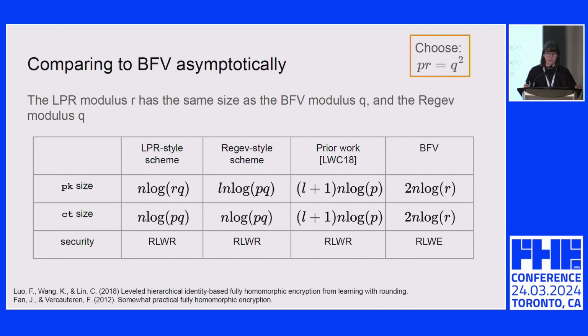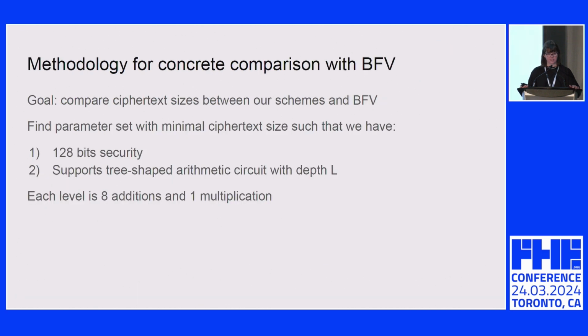So rather than going via BFE, this work goes via GSW. You can also see that if you compare the LPR style scheme, which is the one that we've been talking about mostly today, to BFE, the ciphertext size will be a little bit smaller. So asymptotically, things look good, but we want to see what's happening in practice.